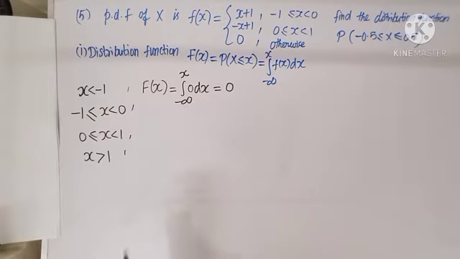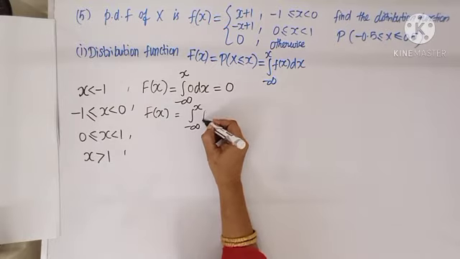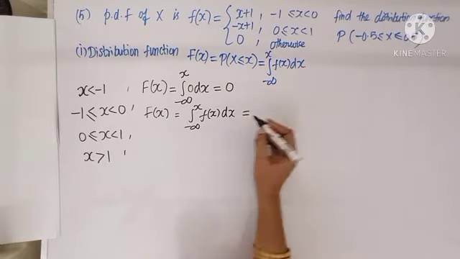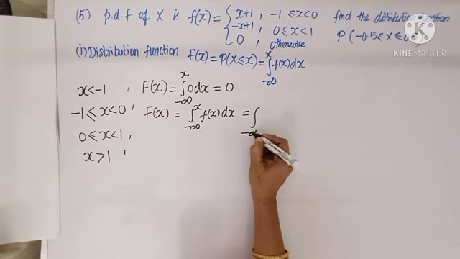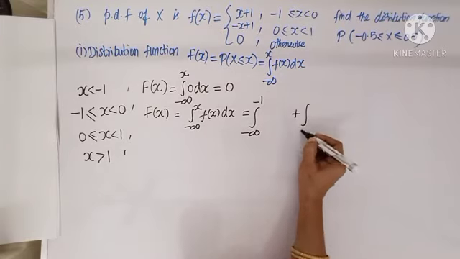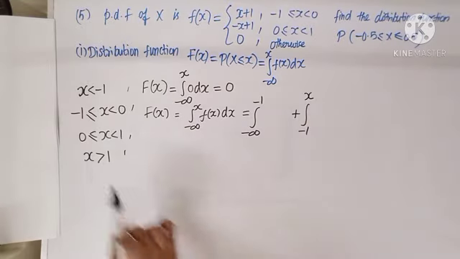Second part, when x is between minus 1 and 0, capital F of x is integral minus infinity to x f of x dx. This problem, I will split minus infinity to minus 1 plus minus 1 to x. Where is x coming? Between minus 1 and 0.